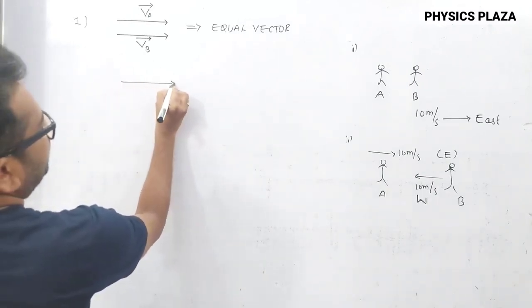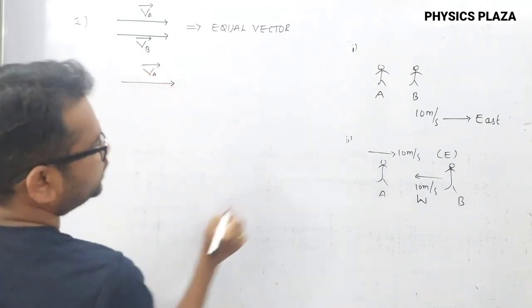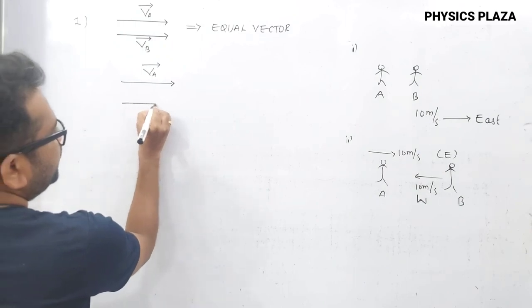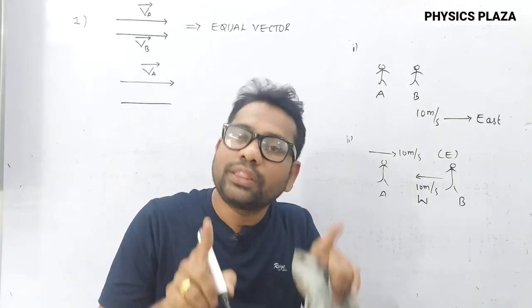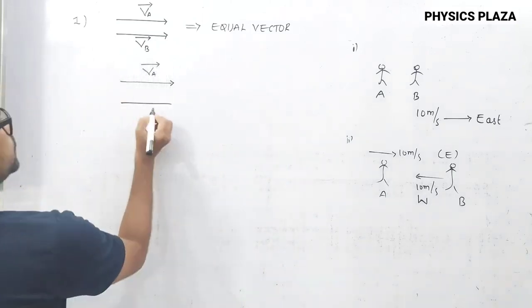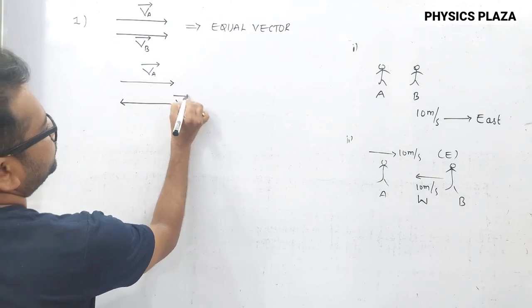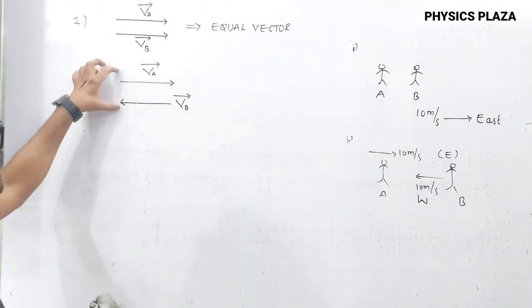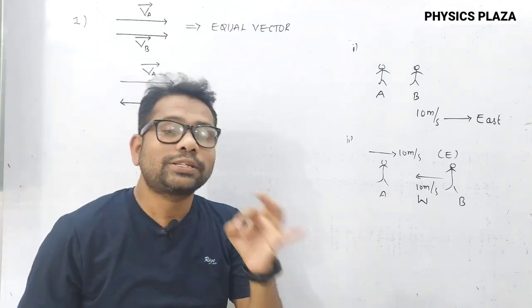The velocity of person A is this, towards east he is going, and as the magnitude is the same, children, we need to take the same length for this straight line. So here it is. This is the velocity of person B. If you can see, children, in this case the magnitude is the same but the direction is opposite.